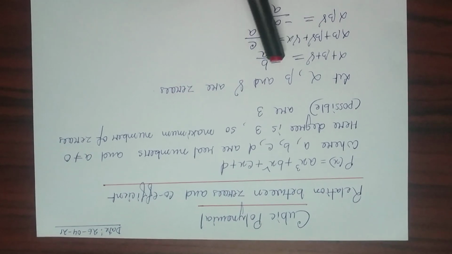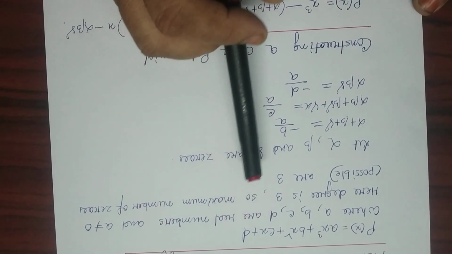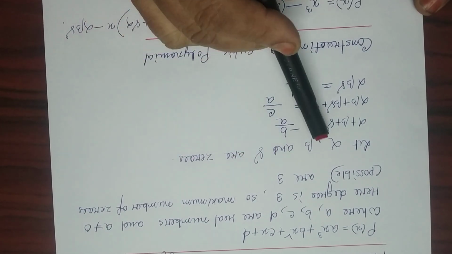Let alpha, beta, gamma be the zeros. In this polynomial, alpha, beta and gamma are zeros. These are Greek letters.